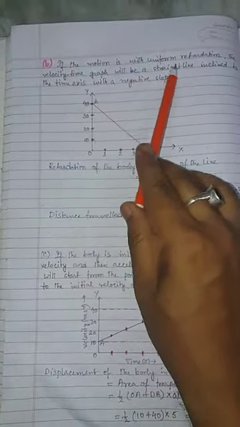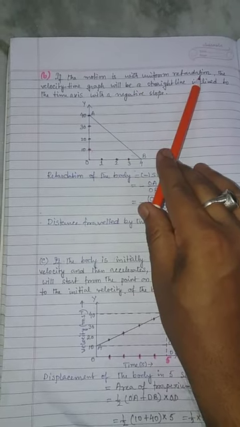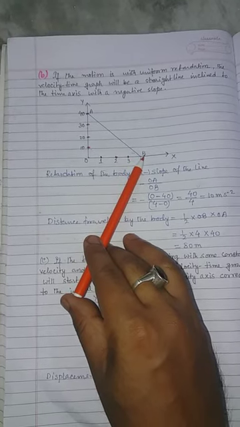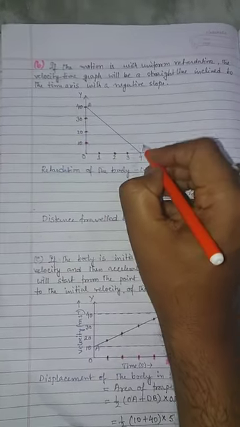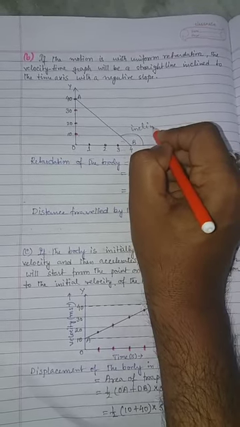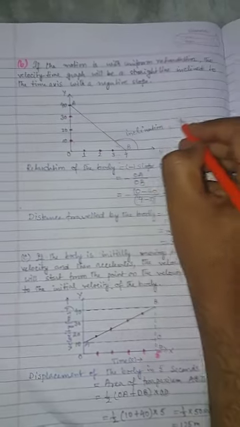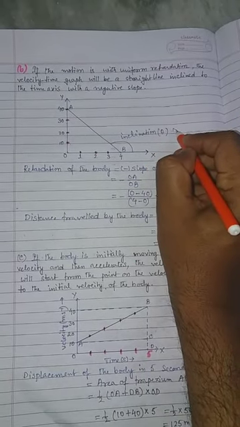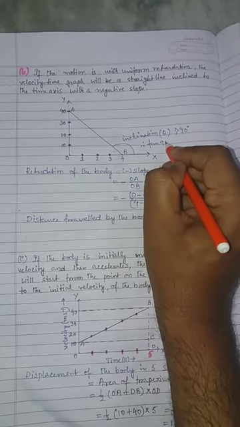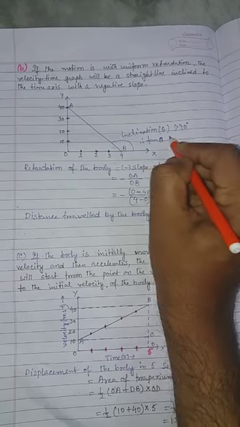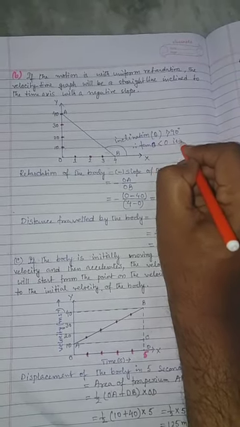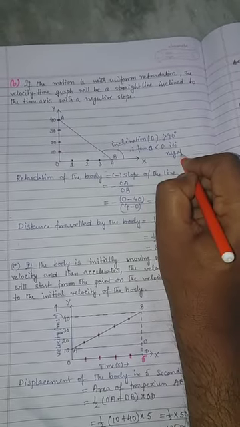Here we consider motion with uniform retardation, that means velocity gradually decreases. In that case, inclination theta is greater than 90, therefore tan theta becomes negative.